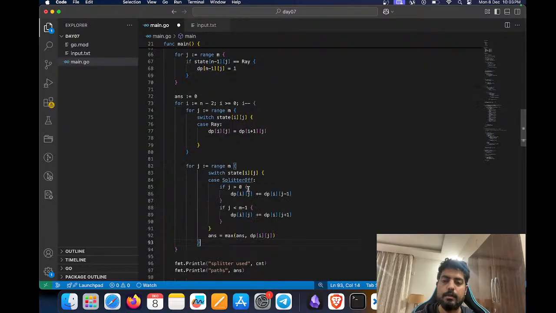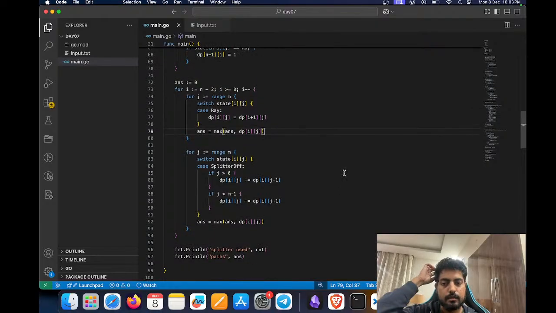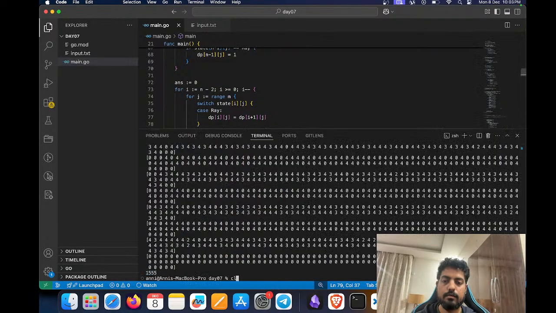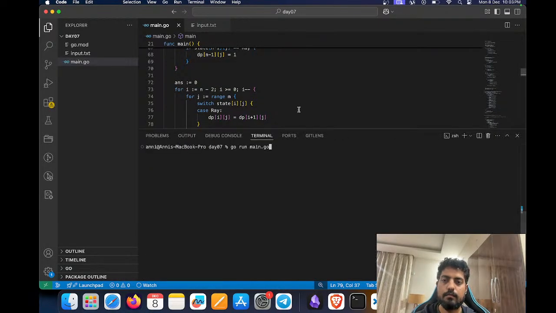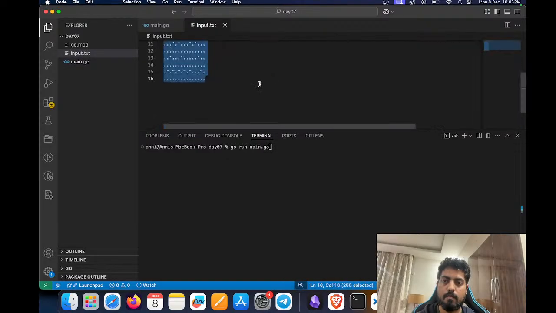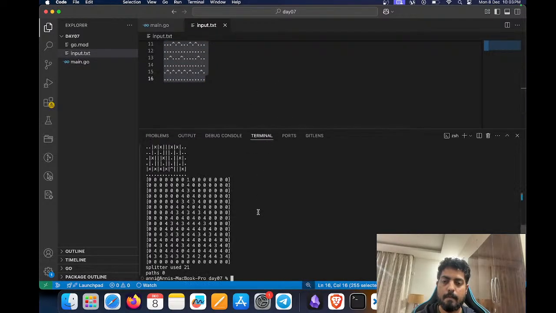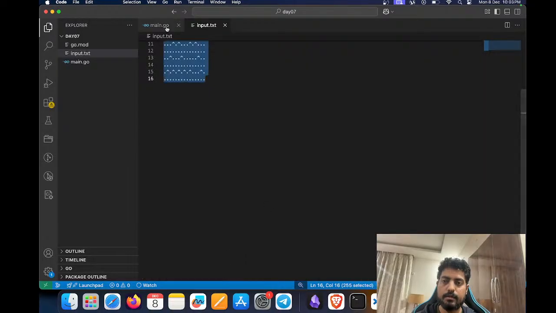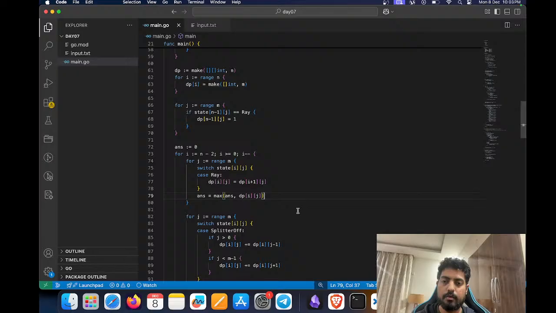Oh, actually this will be completely separate. Paths is 0, which is again wrong.